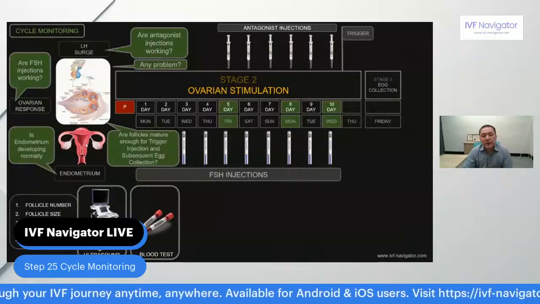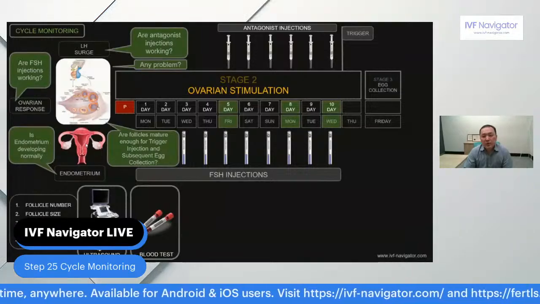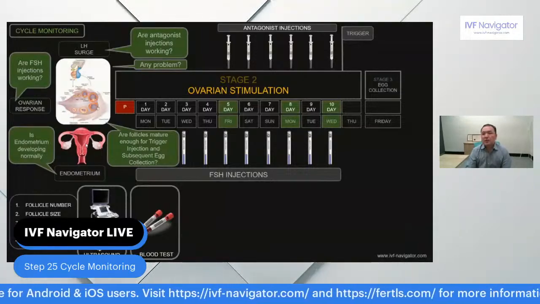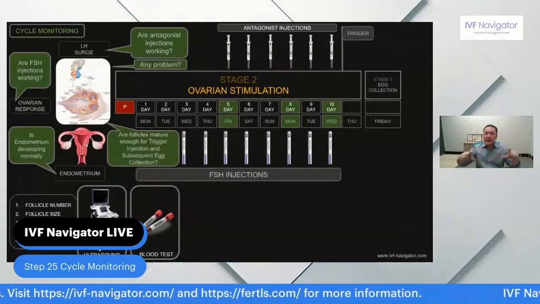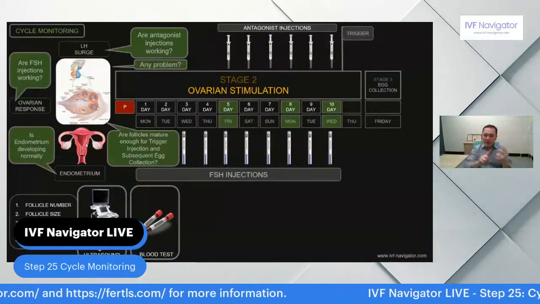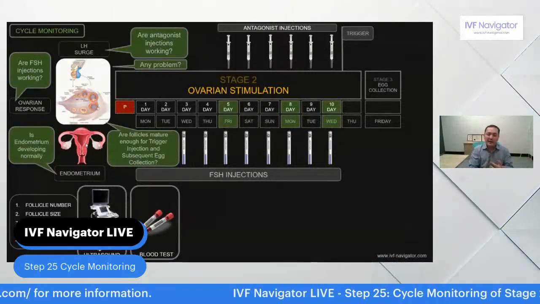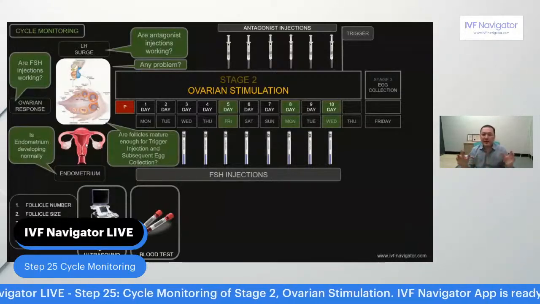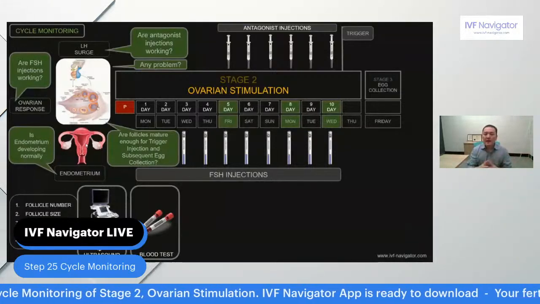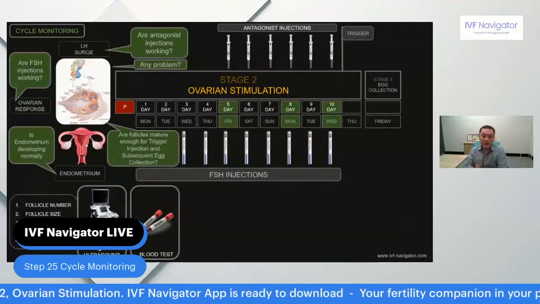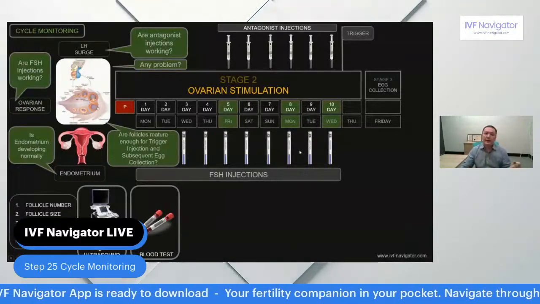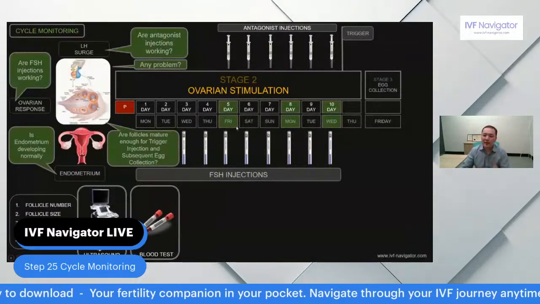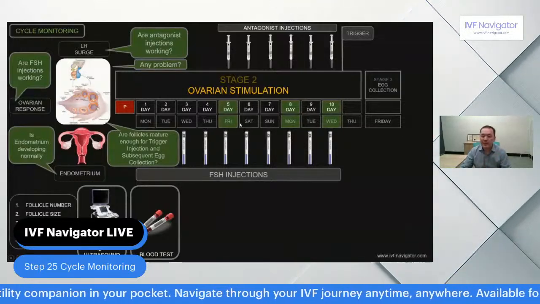Technically you may not do an ultrasound scan and blood test, but you are still in the cycle, and your injections, how you're handling the injections, how you're handling the overall treatment cycle, these are monitored just by communicating with you. So technically, scan-based cycle monitoring starts approximately from day 5.